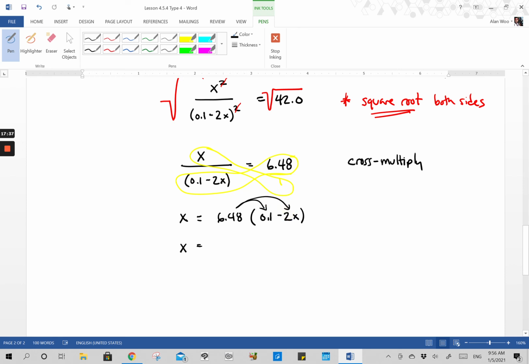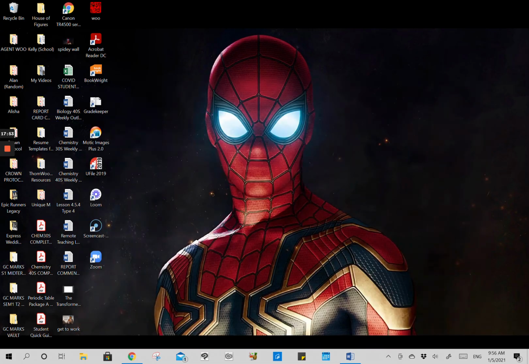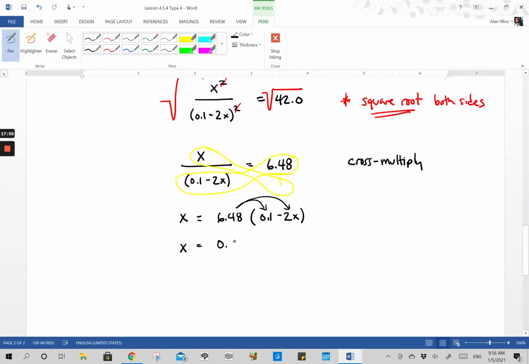So 6.48 times 0.1 will give you 0.648 minus 6.48 times negative 2x, which is negative 12.96x. Okay.